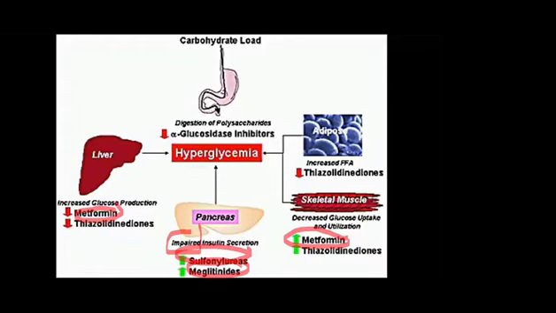Next, for insulin sensitizers, the thiazolidinediones, they activate PPAR gamma. Okay, PPAR gamma. So that's why may effect sila sa liver, sa skeletal muscles, at sa adipose cells. Next, for alpha-glucosidase inhibitors, they can decrease absorption of carbohydrates.